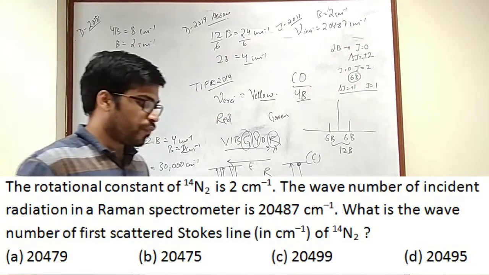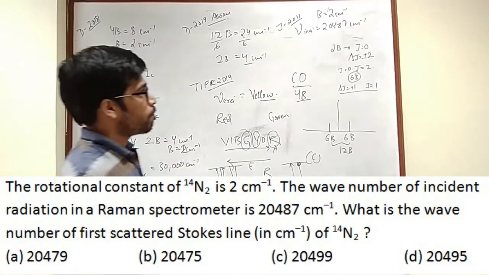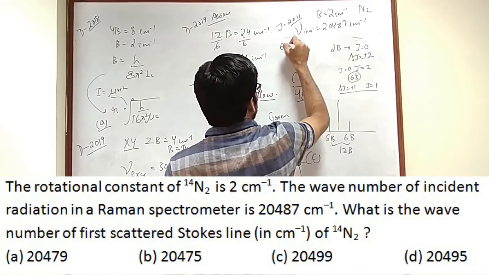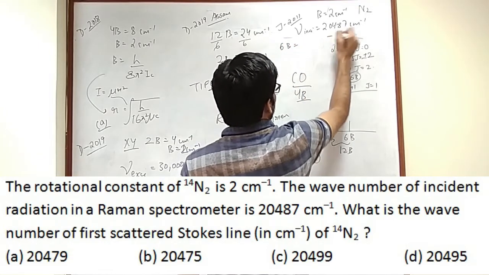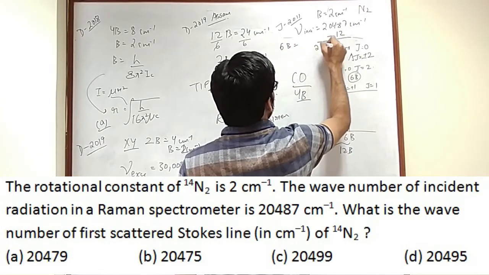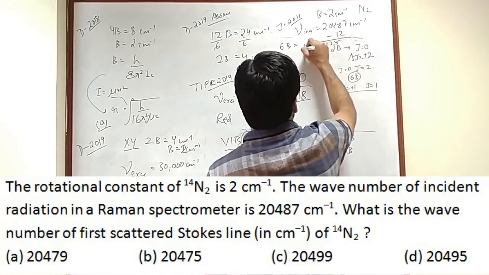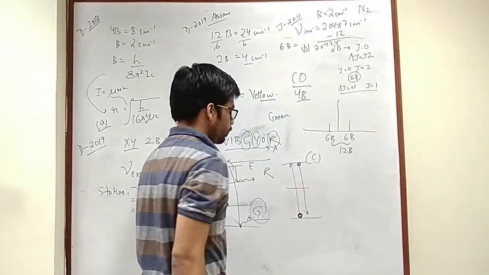What is the wave number of the first scattered Stokes line? For a diatomic molecule, 6B, that means minus 12. This will be 20475, which is given in option number B.